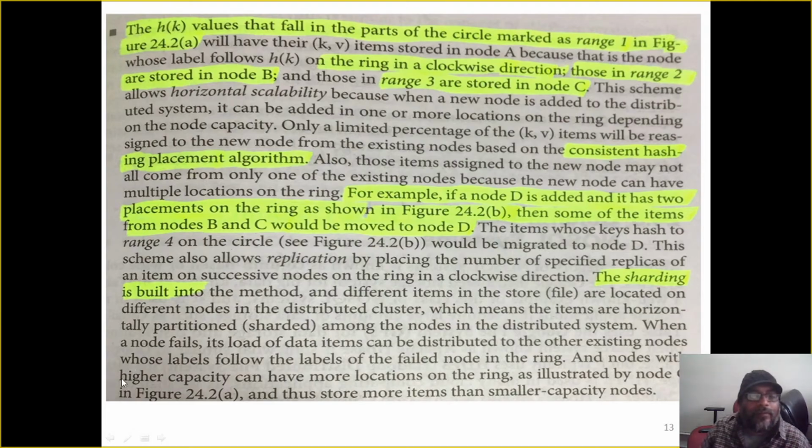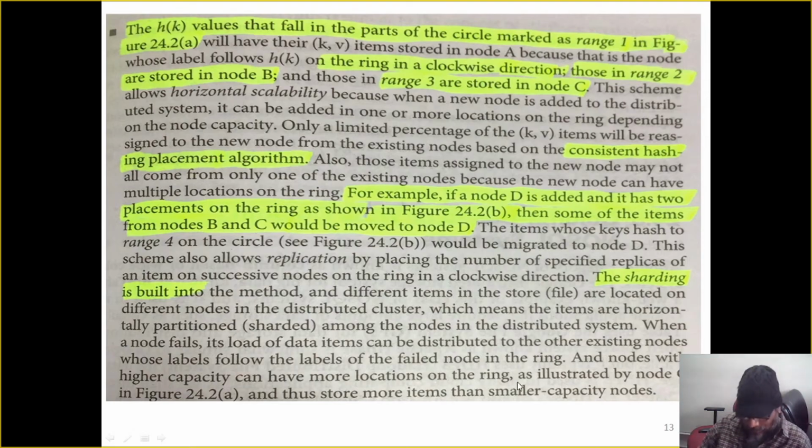When a node fails, its load of data items can be distributed to the other existing nodes whose labels follow the labels of the failed node in the ring.